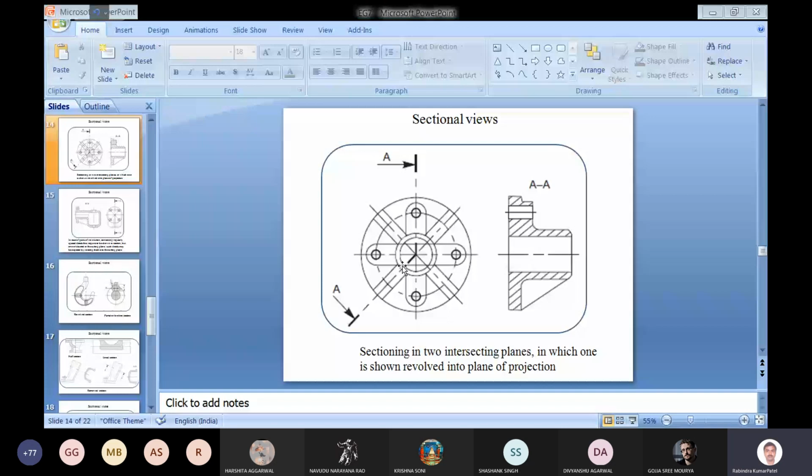So we can cut this part also by considering the inclined cutting plane. And then after that we rotate this like this, in this line, so that we can draw the view of this object as if the cut is present at this location. So in this way we have drawn this section.